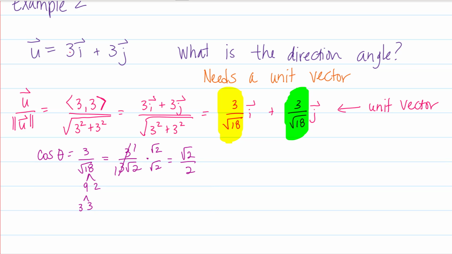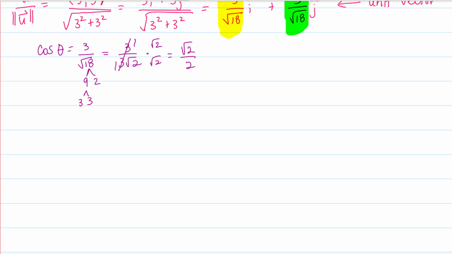So for what theta value is cosine square root of 2 over 2? Well, because we know our unit circle, we know that this point is root 2 over 2, root 2 over 2, right? And then we know this one down here is also going to have root 2 over 2, negative root 2 over 2. So it's got to be one of those.